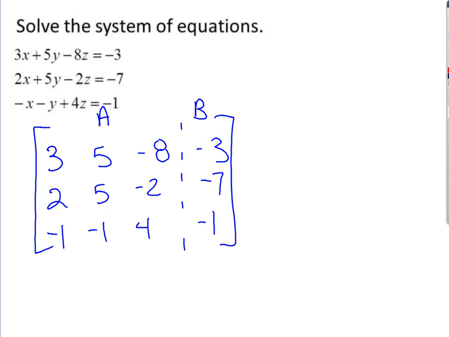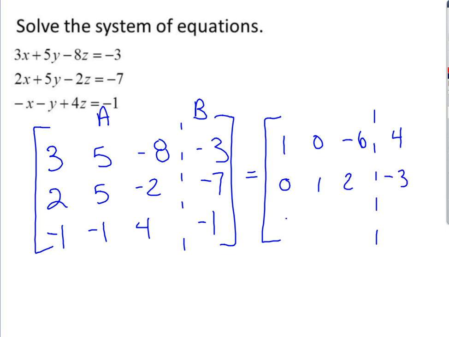Remember, you augment A with B. You're going to store that to matrix C. And then once you have that done, you are going to do the reduced row echelon form. And when you get done, you will have 0, 1, 0, negative 6, and 4. You'll have 0, 1, 2, and negative 3. And you'll have 0, 0, 0, and 0.